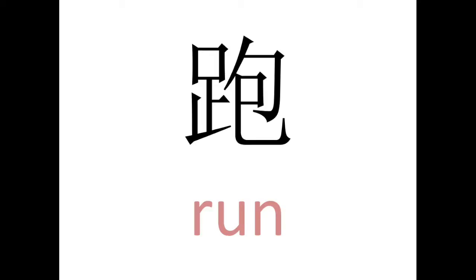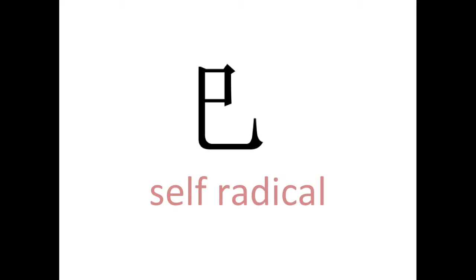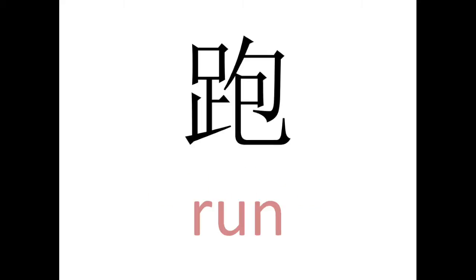The part on the top is a radical for wrap, sort of like a three-part encasement, like you're wrapping something around it. And then the thing that it's wrapping is the radical for self. So you can think of it like when you're running, you're wrapping your feet. Like you yourself are wrapping your feet, right? To run. In shoes, typically, right? So that's a good way to remember run.